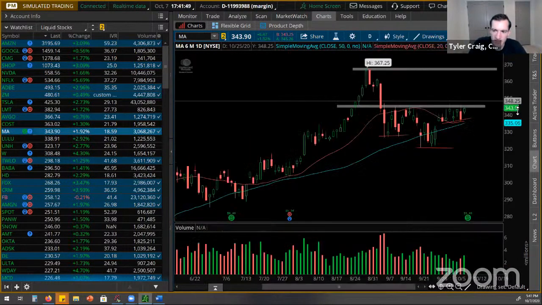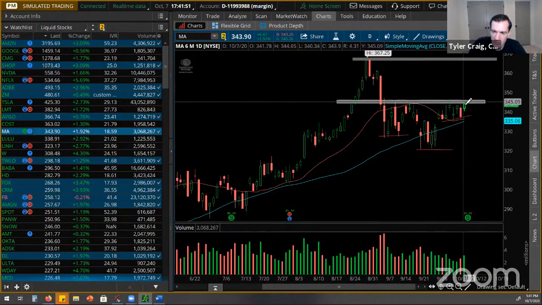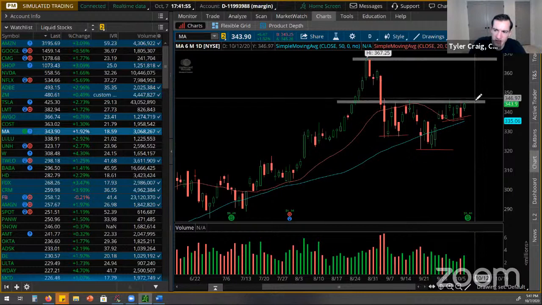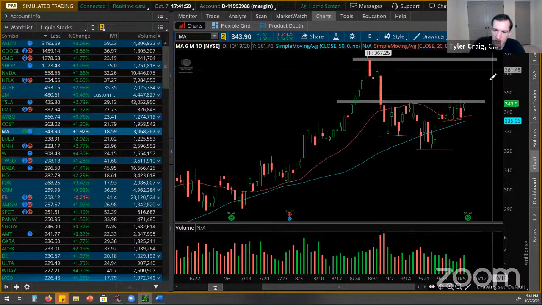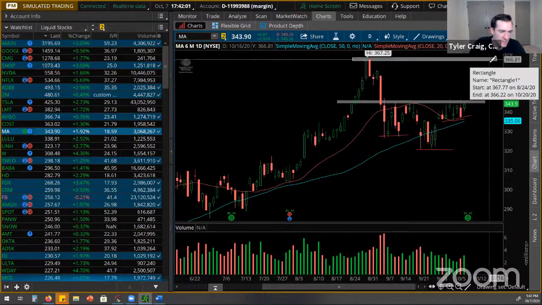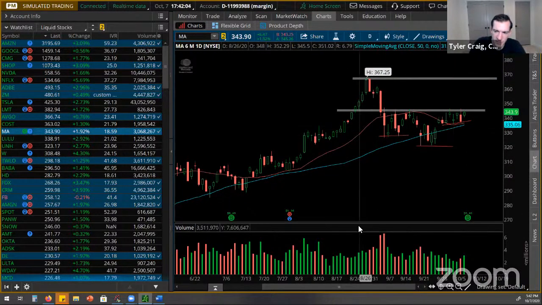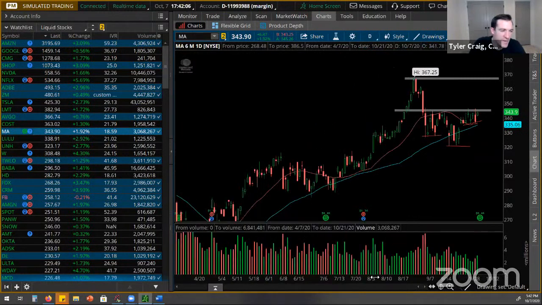I like this setup. We're getting close to breaking resistance. If it breaks this 346, 347, it's got room to run. It's got a good 10, 15, 20 bucks. This is a good breakout trade. I bet, Frank can back me up, if Frank and I were doing the scouting report today, this would come up in the meeting and we would probably make the case that this is a breakout candidate.